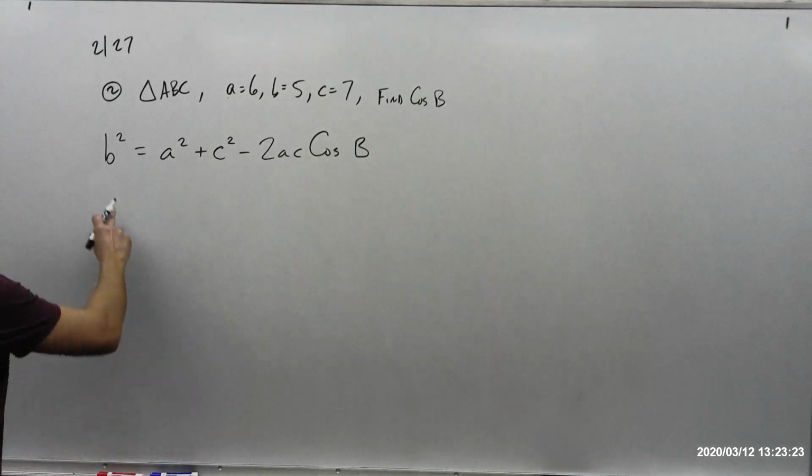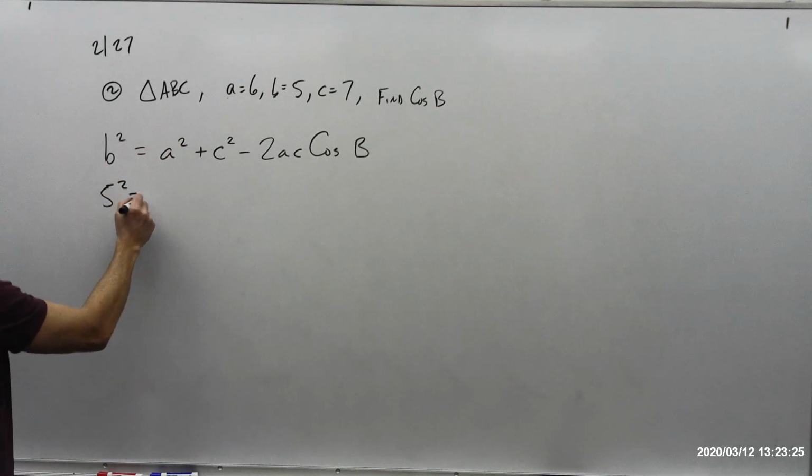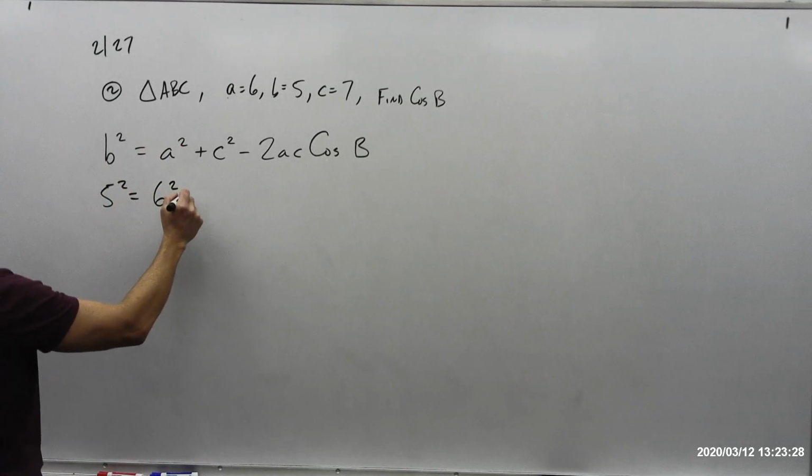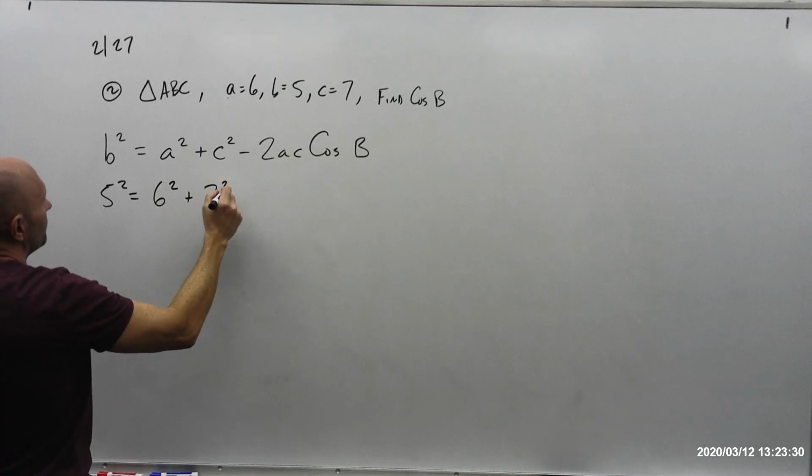So put in our values, b is 5, so 5 squared. a is 6, 6 squared. c is 7, 7 squared.